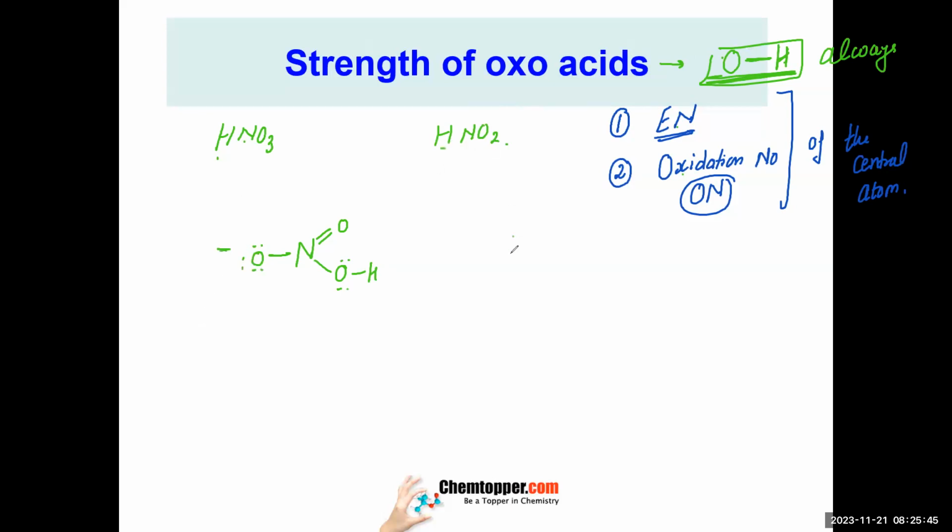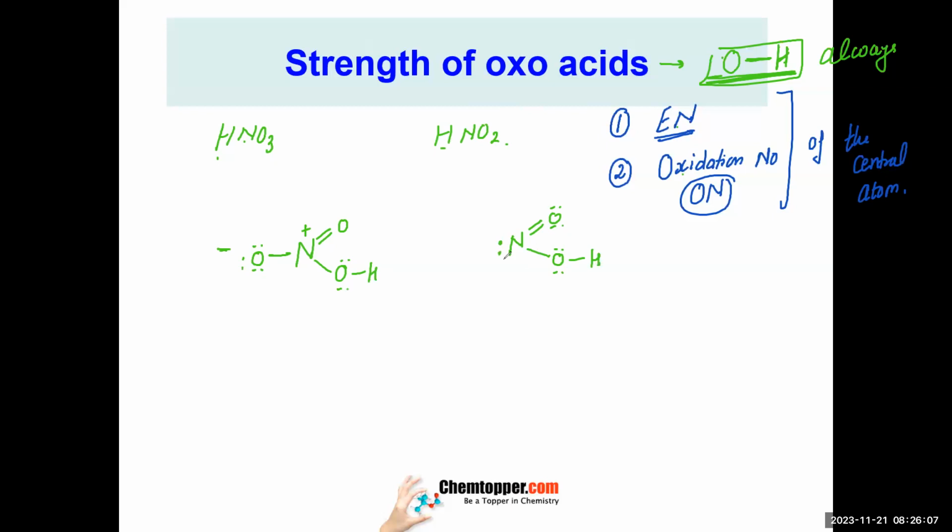And what about this? Here, this has a plus charge on nitrogen, the formal charges which we discussed earlier. This is the Lewis dot structure of HNO2.